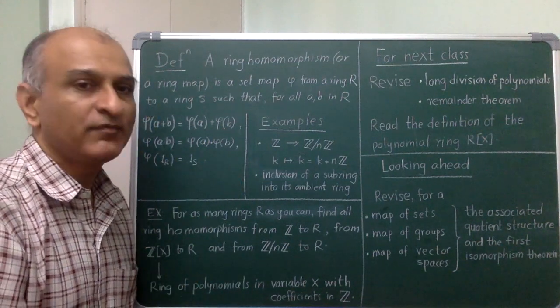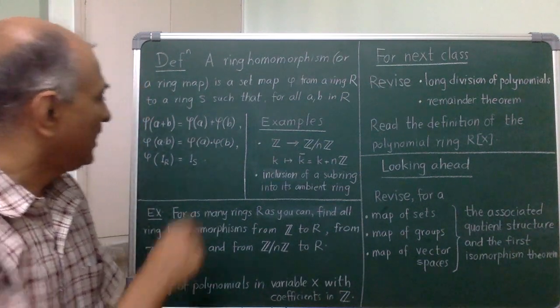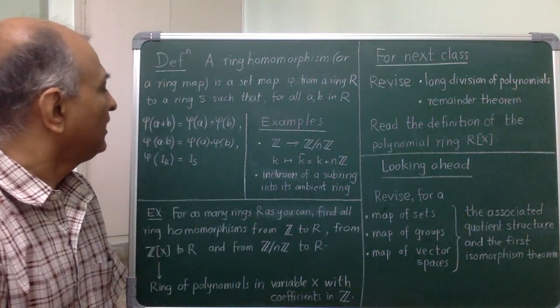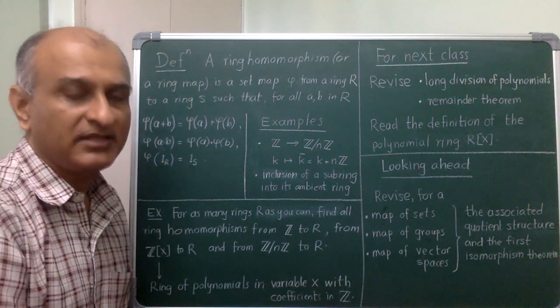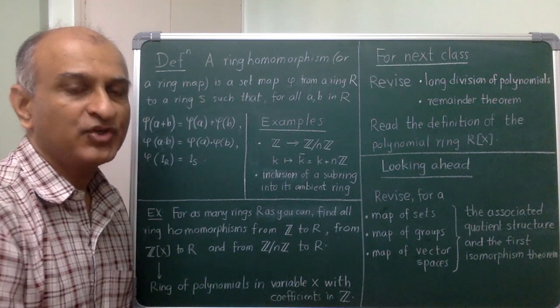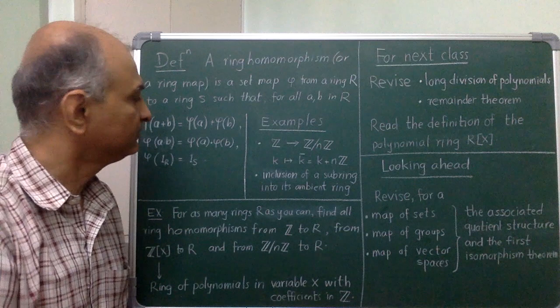Okay. So before we get to examples, one quick comment. The first condition states that phi is a homomorphism of additive groups, and therefore automatically it will send 0 to 0. And you should quickly revise the proof of this for the following reason.